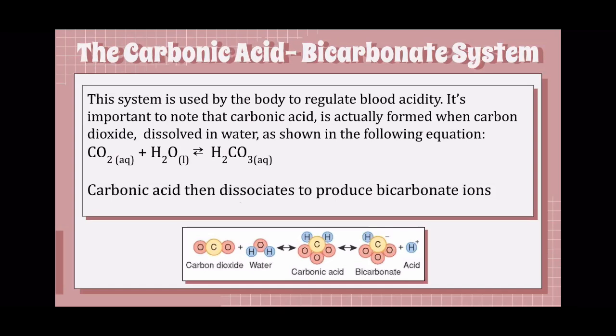And how it works is as carbon dioxide dissolves in water, it creates carbonic acid. And the carbonic acid then continues to dissociate and produce bicarbonate ions and acid. And since it is used by the respiratory system, it is directly related to alkalosis and acidosis.